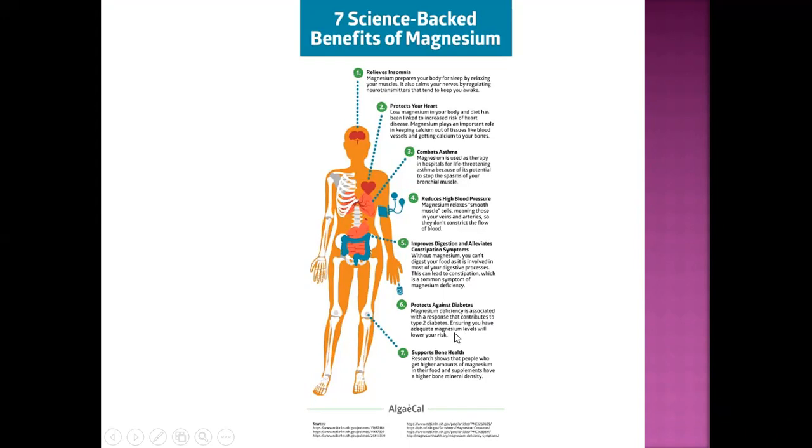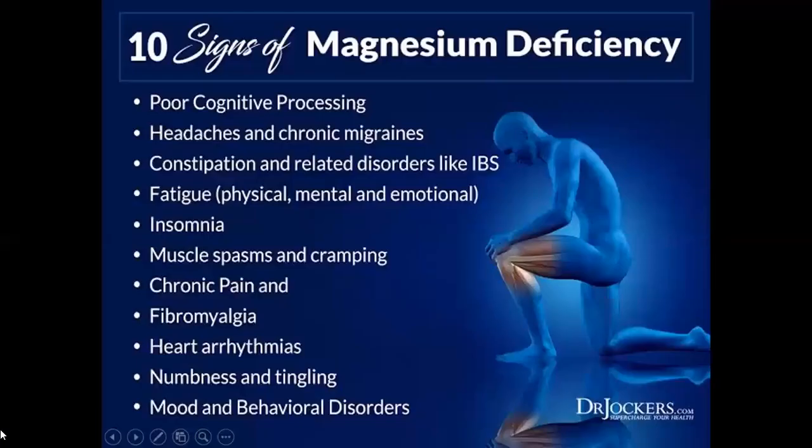Ensuring that you have adequate magnesium levels lowers your risk. It supports bone growth. Researchers show that people getting higher amounts of magnesium in food and supplements have higher bone mineral density.